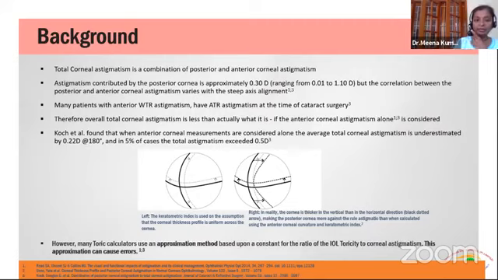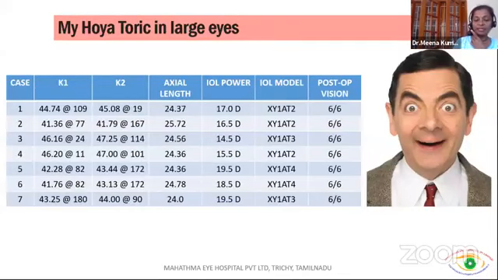However, many toric calculators use an approximation method based upon the constant ratio as by the Gaussian optics, where the ratio is for anterior and posterior surface. It doesn't take into account the customized posterior corneal astigmatism at all.